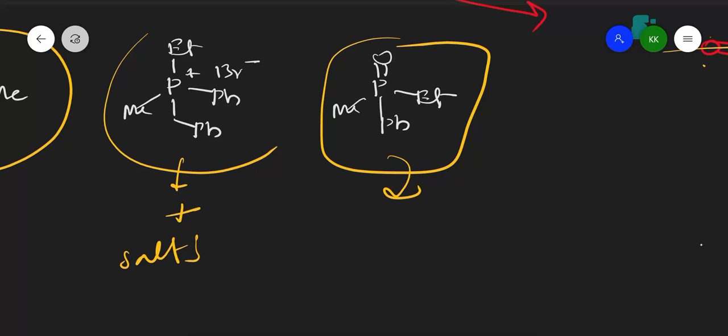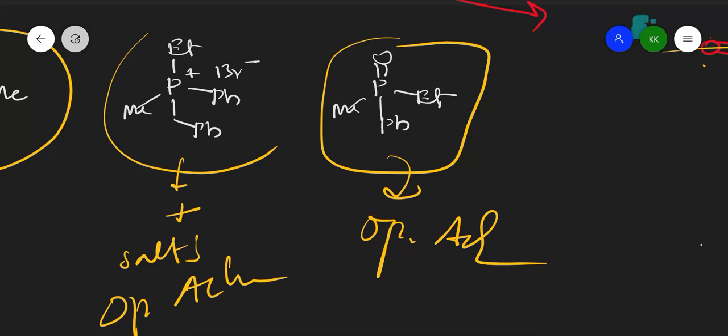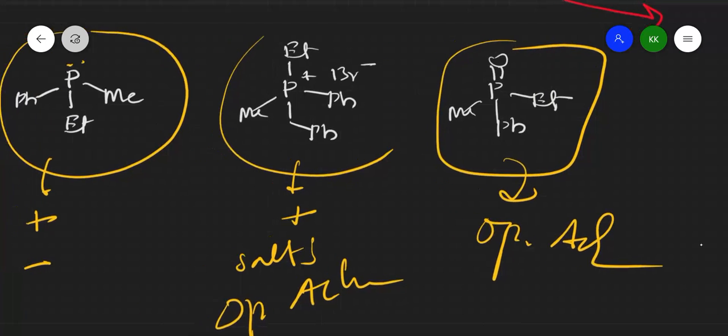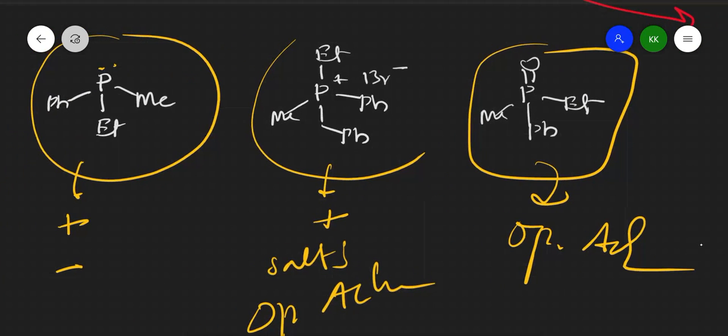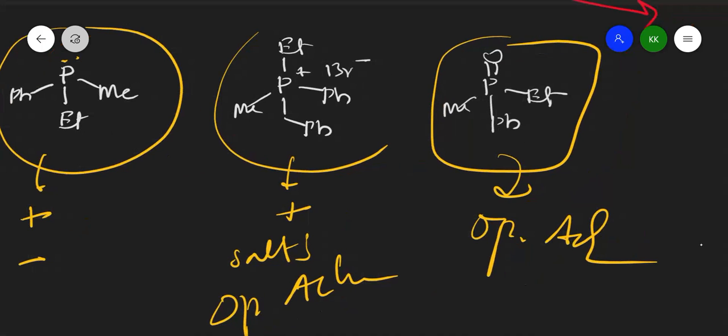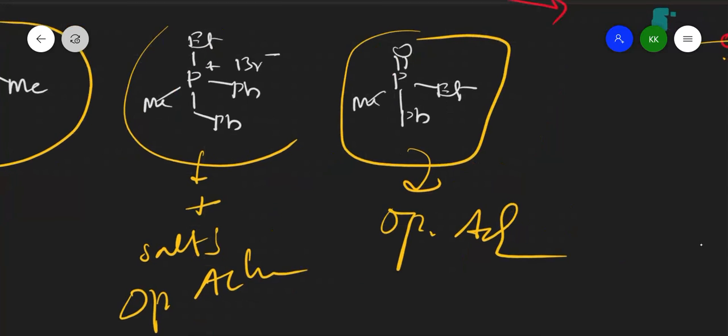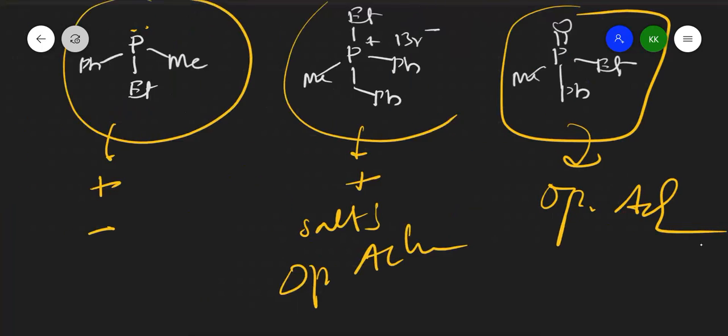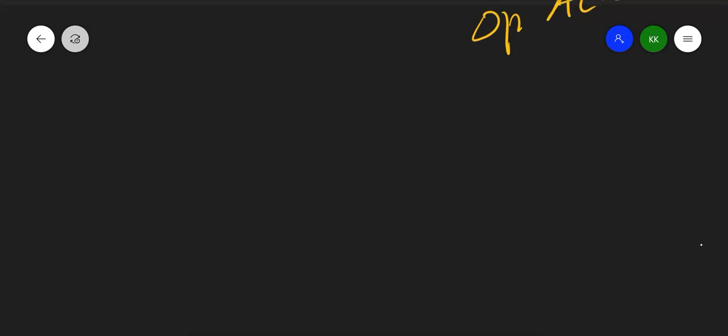Here also all four substituents are different, so this is also optically active. All these are optically active because the substituents are different. I have discussed phosphonium salts, phosphine oxides, everything, thoroughly in the class, right?